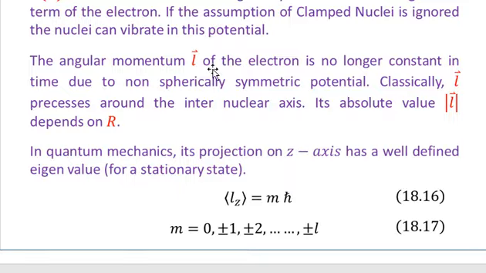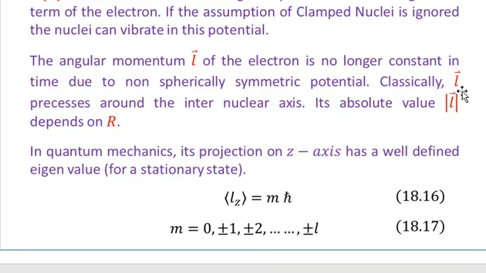The angular momentum L of the electron is no longer constant in time due to the non-spherically symmetric potential. You know that our potential is not spherically symmetric because it depends upon 1 over R, 1 over RA, 1 over RB, and also some part of the average value of the kinetic energy. This non-spherically symmetric potential is shown in equation number 15.